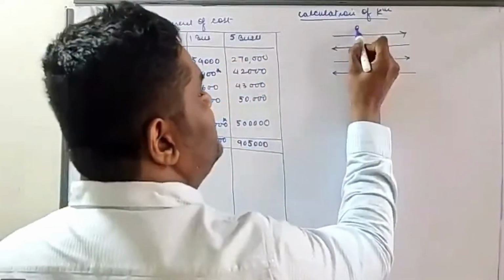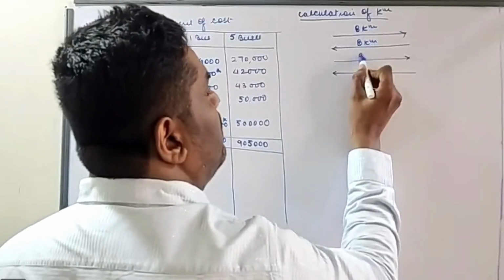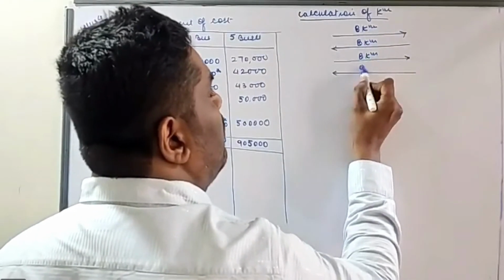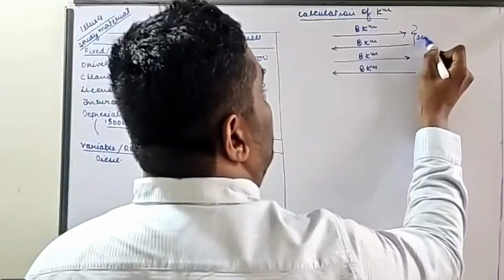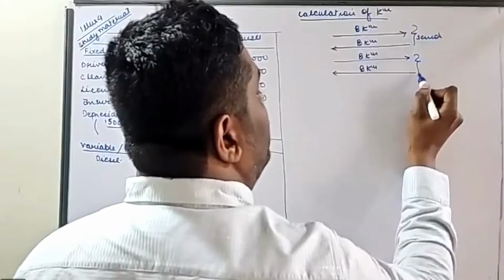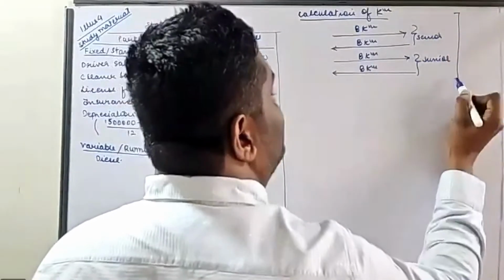So this distance is 8 kilometers, here in senior, here in junior. And this entire trip is for the morning shift.